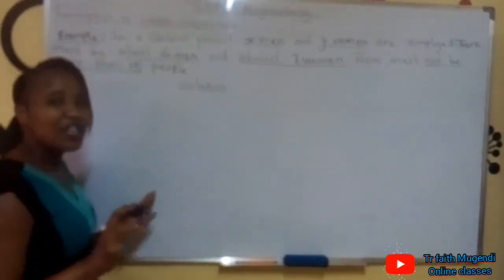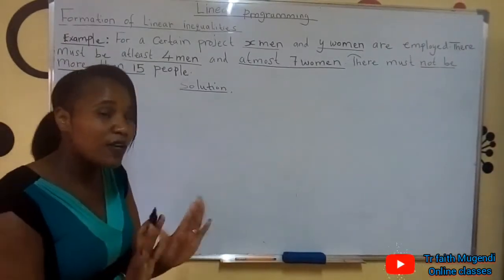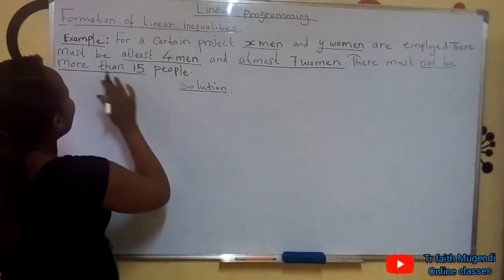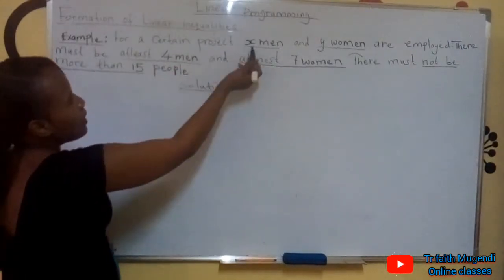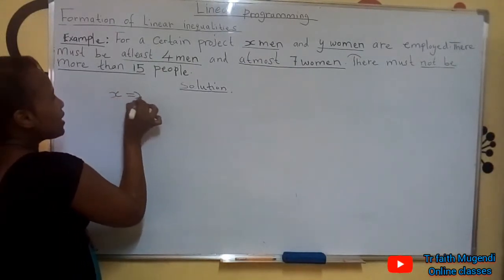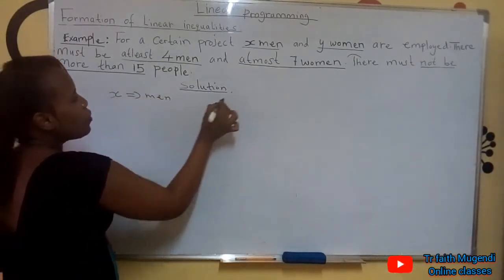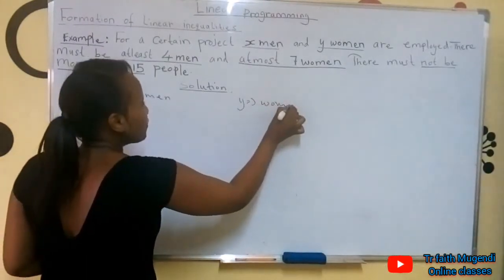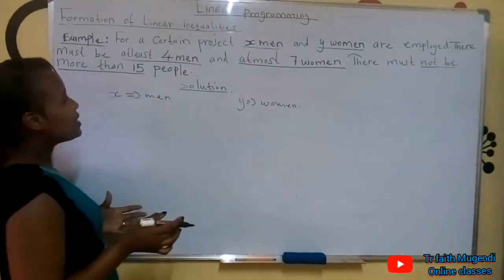So the first inequality that is coming out very clearly is this: men is taking X, and women is taking Y. So what does this mean?